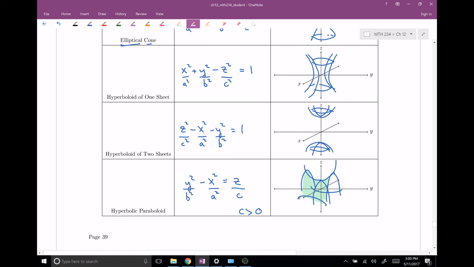And then the back side of the saddle, you can see maybe a little bit more clearly. You see two pieces of the saddle, the front and the back. And this is the hyperbolic paraboloid. It's built out of hyperbolas and parabolas, right? And if you go back, you see the hyperboloids built out of hyperbolas and a few ellipses. And the hyperboloid of one sheet, again, built out of hyperbolas and a few ellipses.